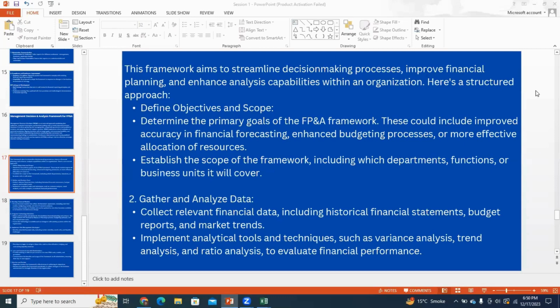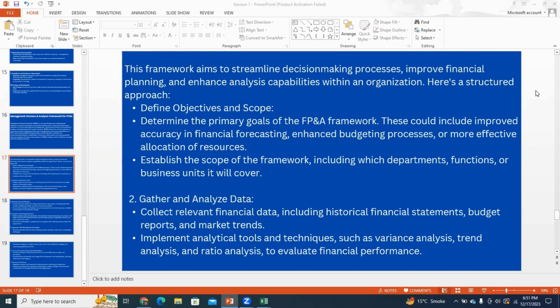So yes, for the management decision analysis framework, the first thing is we have to define the objectives and the scope of the process we are going to make. It says determine the primary goal of the FP&A framework. This could include improving accuracy in financial forecasting, enhancing the budgeting process, or effective allocation of resources.